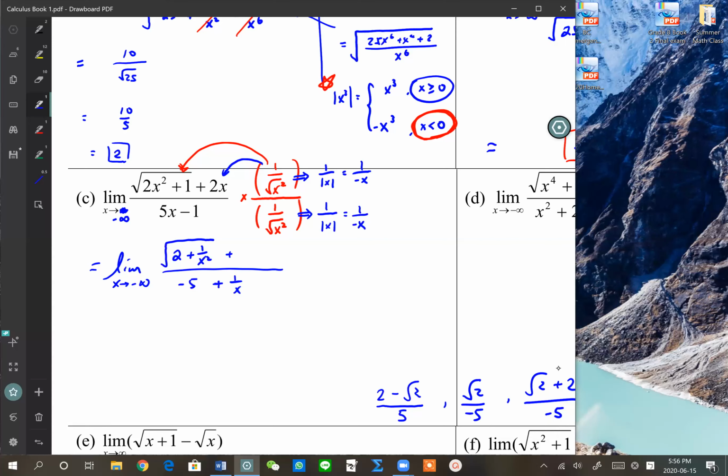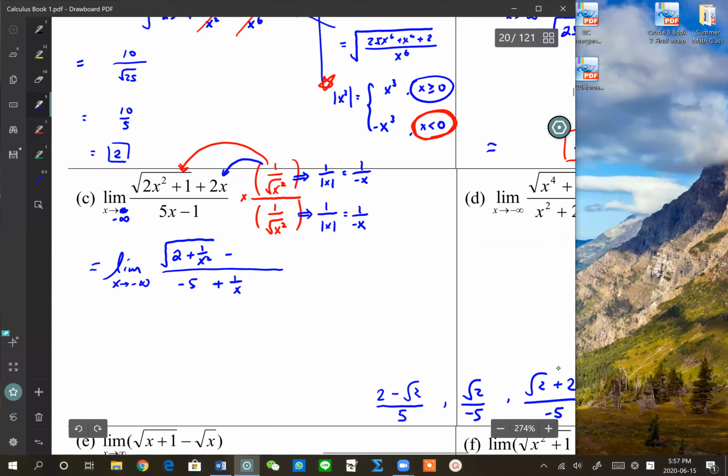That's why this one is a bit confusing, right? Part of it needs to simplify, part of it doesn't. So that will make it minus 2 instead. Agree?